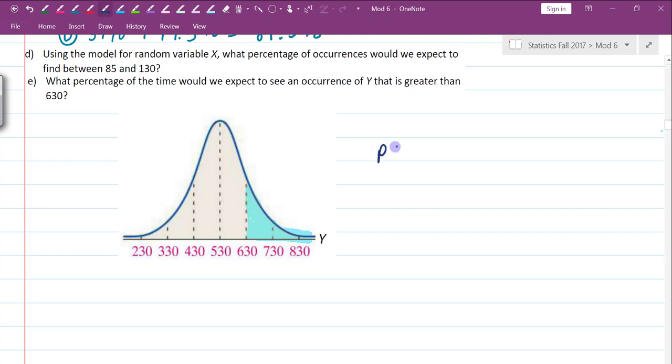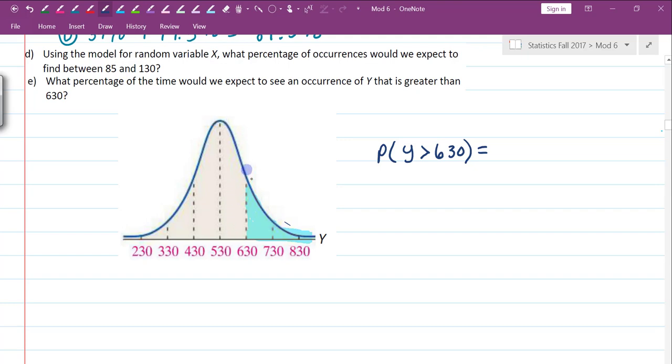So the probability that Y will be greater than 630. Now, I know that the area under the whole curve is equal to 1.0. I know that it is symmetrical about the mean, which means 50% of the data is to the left of the mean and 50% of the data is to the right of the mean.